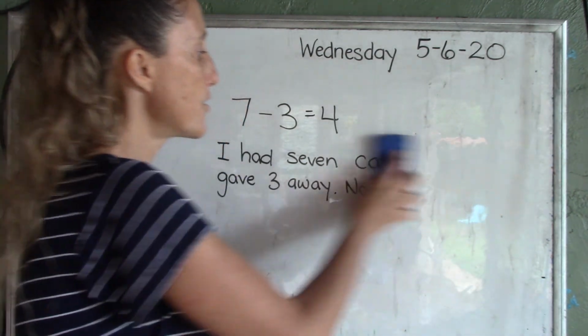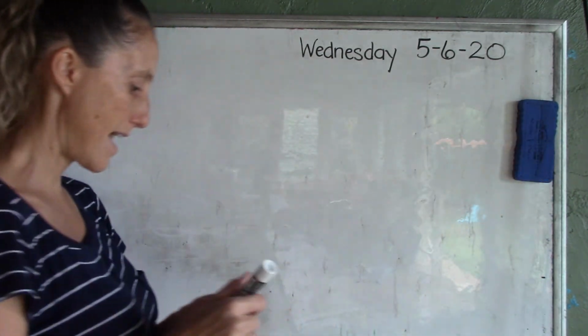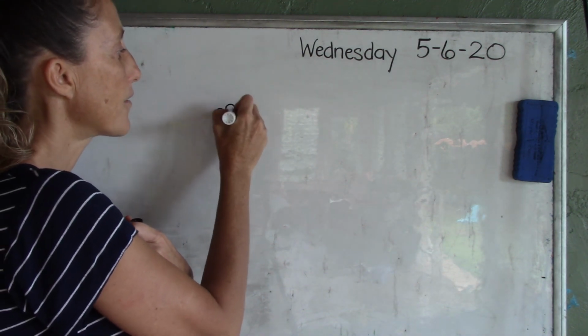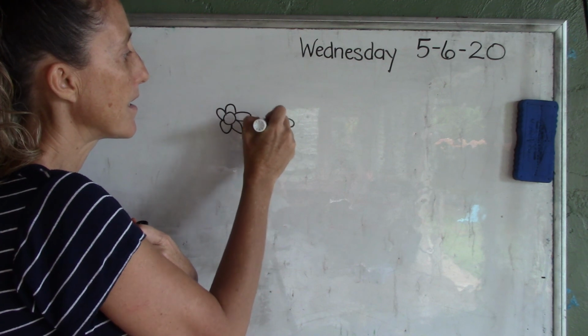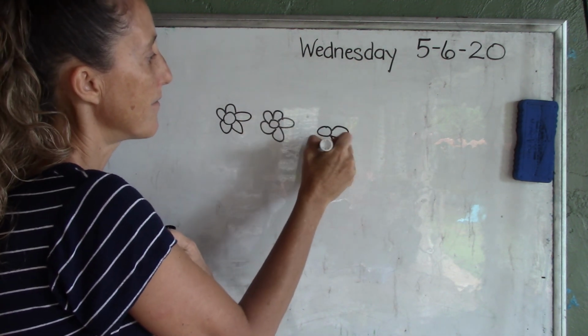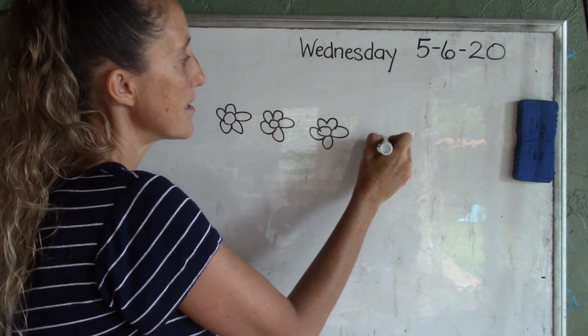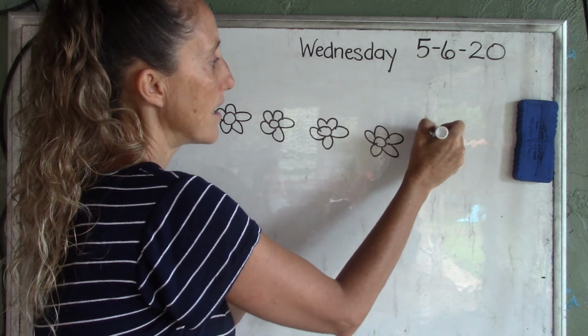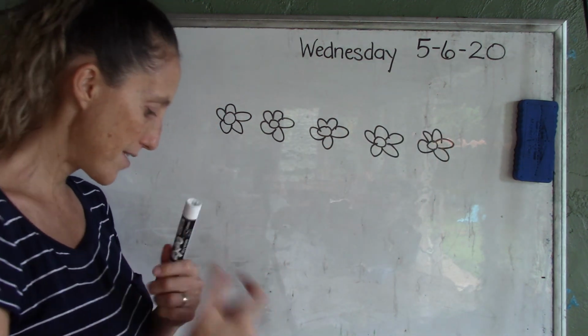Okay, so if I had 5 flowers in a coloring book, I brought out my coloring book, and I had 5 flowers, and they're blank like this, but I decide that I want to color 3 of them pink.